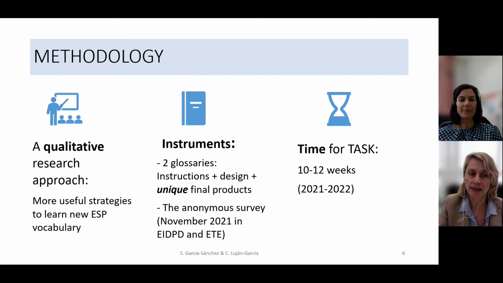So we will present the instructions, the design, and how these unique final products are produced by our students. And the second instrument was the anonymous survey that we conducted and shared with our students in November 2021.